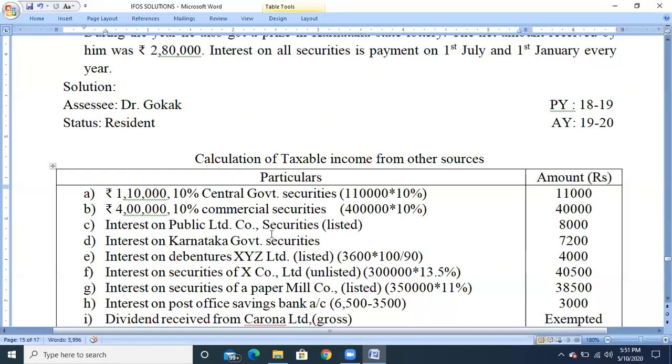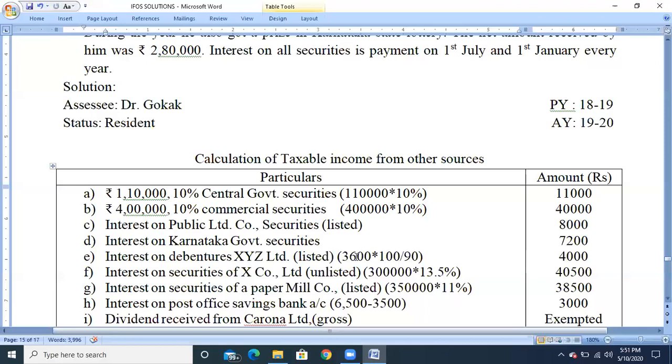Next, interest on Karnataka government securities. Again, it's a less tax security and issued by the government, so no TDS will be done. So directly the amount will be taxable. Next, interest on debentures of XYZ Company Limited, listed. They have given the interest amount directly. So we need to do the gross up, because if they give the interest amount of private companies, the tax will be deducted at source.